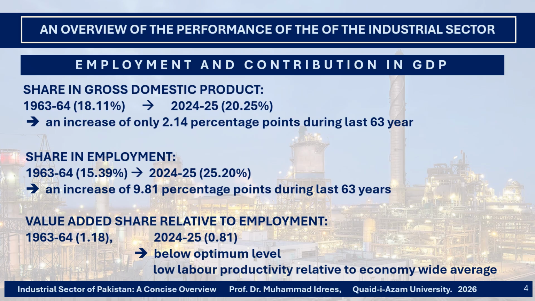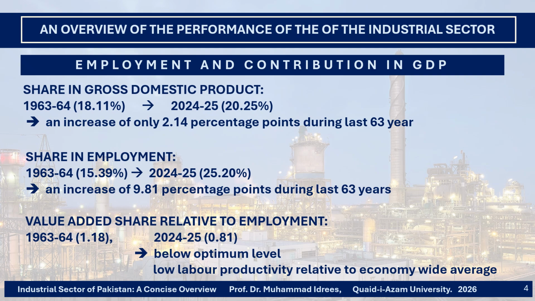In 2025, this ratio has gone down to 0.81, which is below optimum level. How is it below optimum level? In a very simple way, we can say that 25.2% of people are contributing 20.25 in GDP.